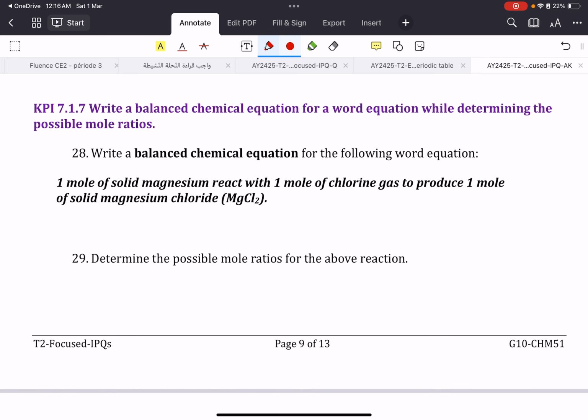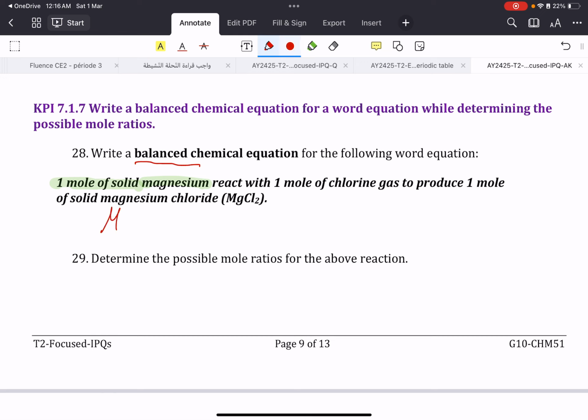Moving on. Write a balanced chemical equation for the following word equation. Here you have to write the equation and then balance it. So you read carefully what is given to you. They will give you simple formulas that you already studied in term 1. Like 1 mole of solid magnesium.